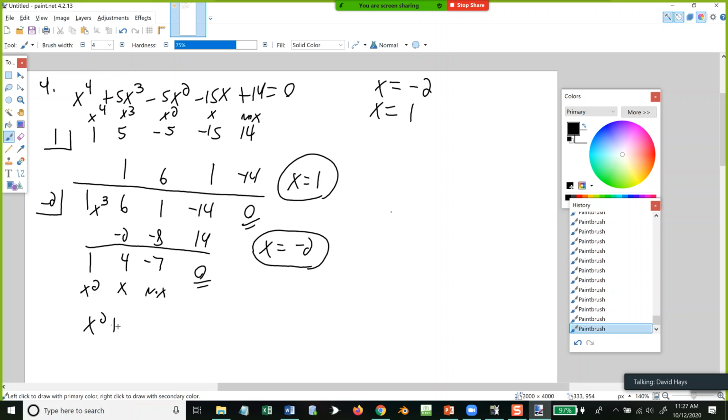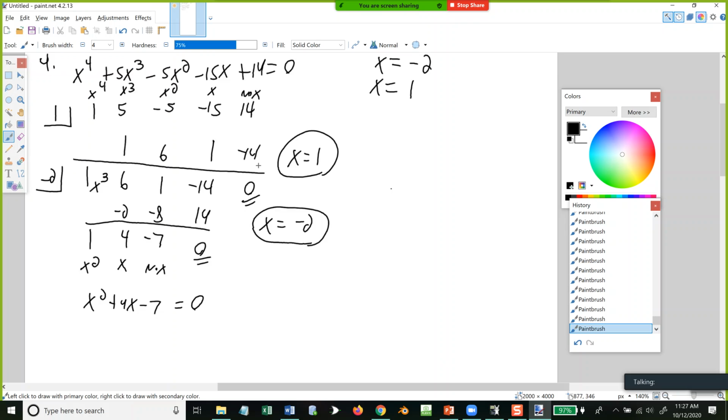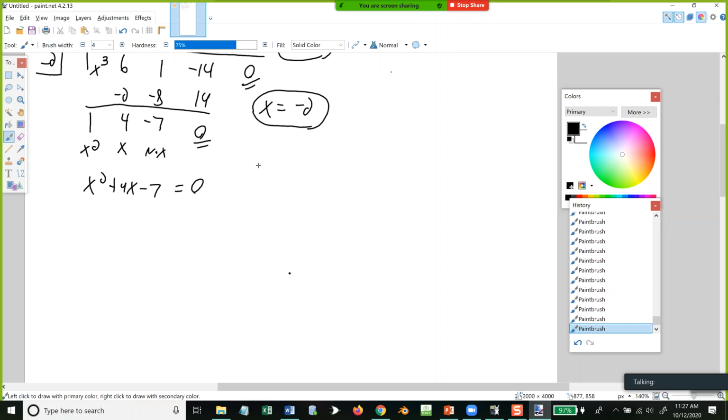So we got x squared plus 4x minus 7 equal to 0. This is not factorable, so we're going to use the quadratic formula. A is what's in front of our x squared, which is 1. B is what's in front of our x, which is 4. And C is our constant term, the number at the end.